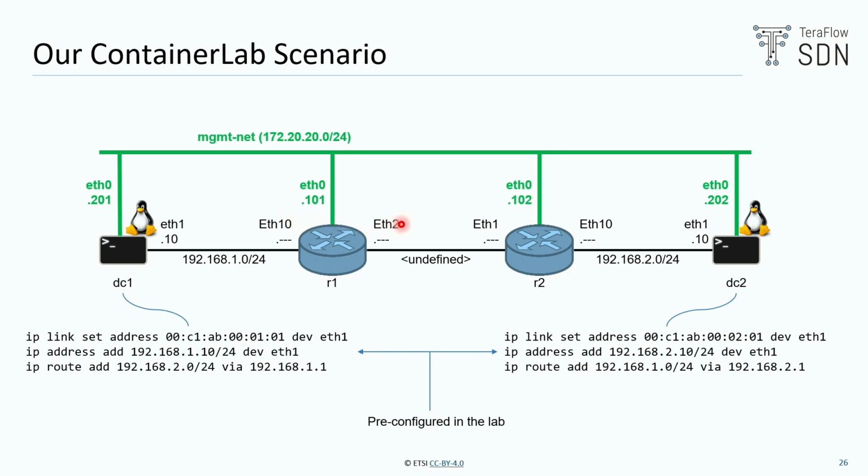That means the IP addresses for the data plane interfaces and also the intermediate range. So if you see here, there is a block, for instance, that has no settings, no hint on what to use. The idea is that TerraFlow will be able to decide a set of parameters to configure here in order to provide the end-to-end connectivity. Okay.